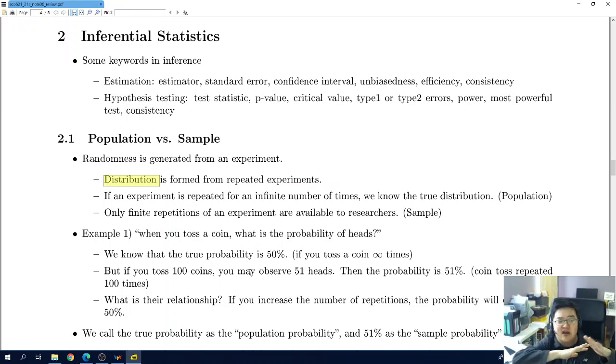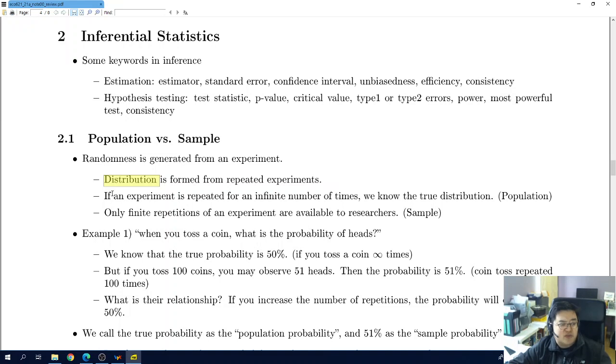In the end, if you have a lot of numbers, you are going to get a smooth distribution. If you have a small number, you are going to get something like a histogram or scatter plot. But when the number of experiments becomes larger and larger, then in the end it will be a smooth distribution graph. So it's not new.